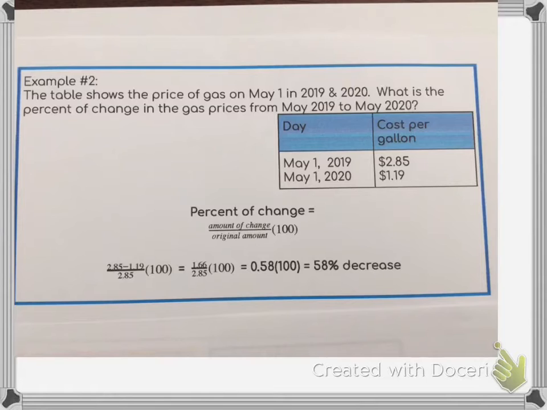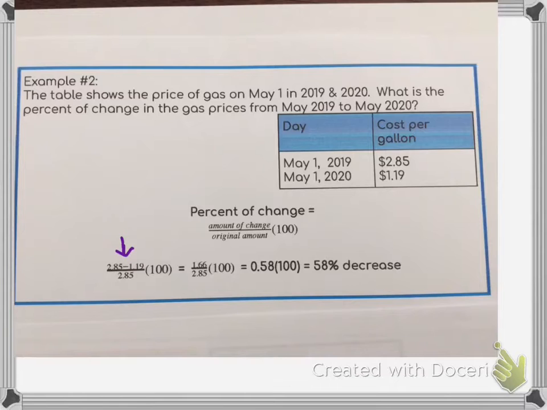Using that same formula, let me zoom in here again. We have our amount of change, which was the $2.85 minus the $1.19. Okay, that's going to find our change. We're going to divide that by the original.